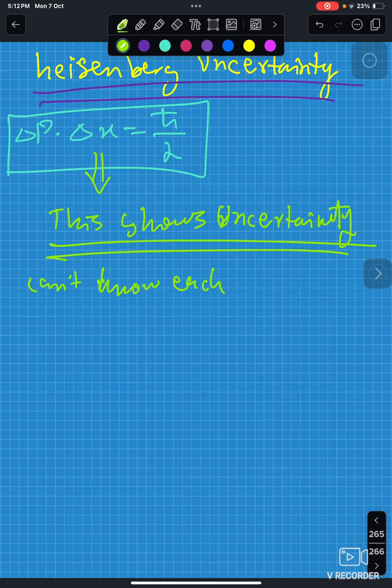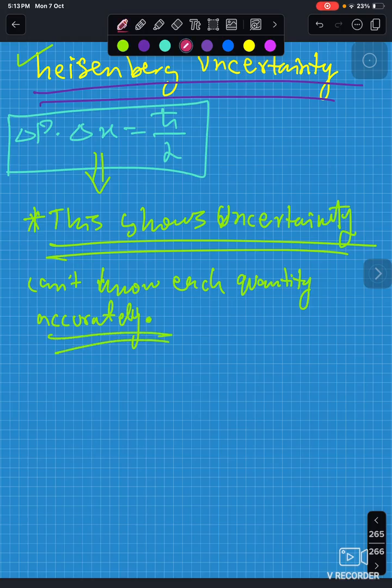Can't know each quantity accurately. Here is the difference. Accurately. Can't know each quantity accurately because when we talk about depth of quantum mechanics or the Heisenberg uncertainty principle, we have to be careful with this saying here because most people may think of it as wrong pronunciation. It's actually can't know each quantity accurately.